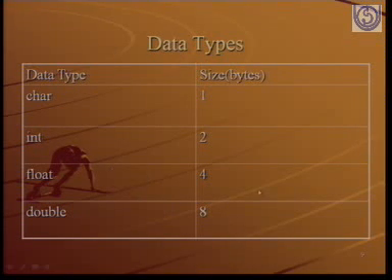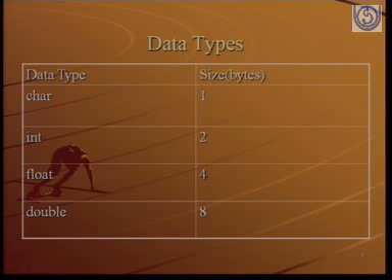In addition to these, there are some other modifiers which talk about signed, unsigned, long, and long double, but for our purposes these data types will serve the purpose. These data types have their respective sizes: character is 1, int is 2, float is 4, and double is 8 bytes.